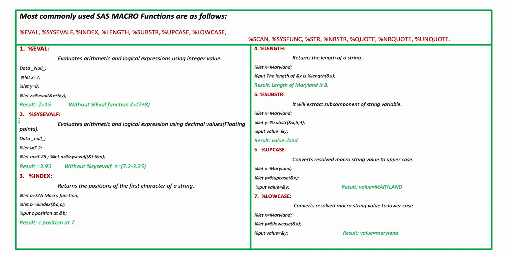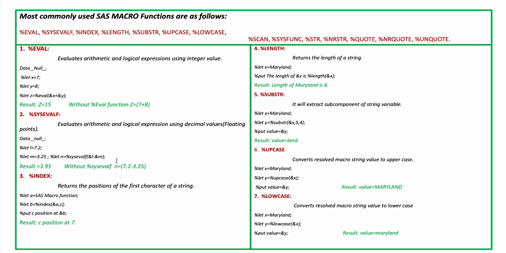Number 2, %sysevalf function. It evaluates arithmetic and logical expressions using decimal values. It is also called floating point values. Suppose we have two macro variables L and M, where the value of L is 7.2 and M is 3.25, and we are going to create another new variable N by using the %sysevalf function.